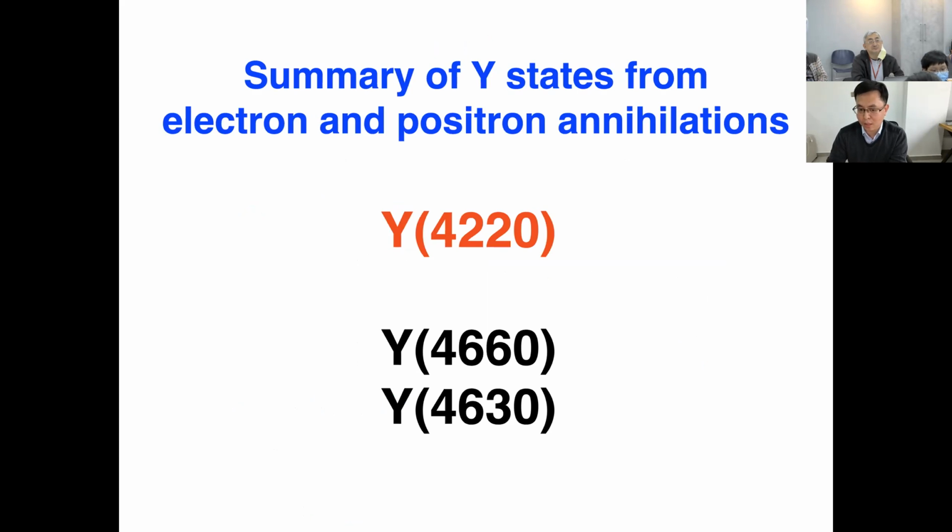I think this is important, and it is simple for us. We can find that the Y4220 state can be assigned to the conventional charmonium family. It means that we did not introduce an exotic state here.